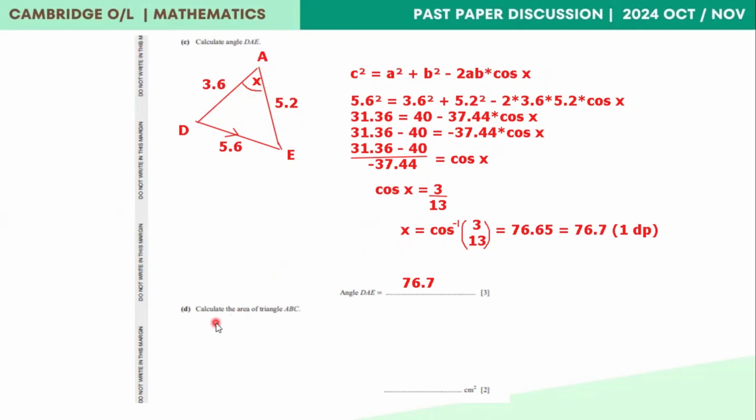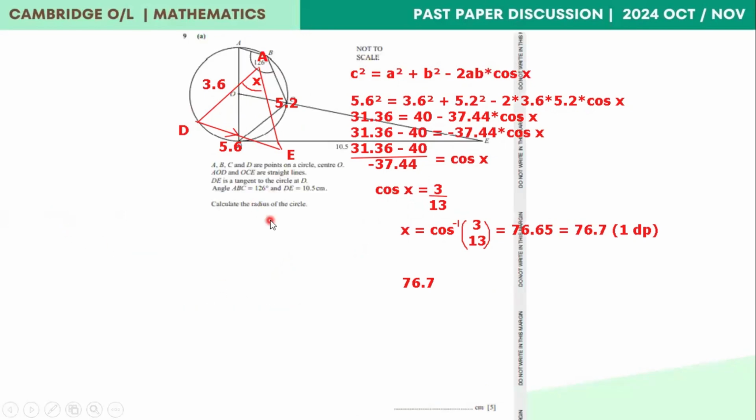Part D of the question: calculate the area of triangle ABC. So now we should calculate the area of triangle ABC.